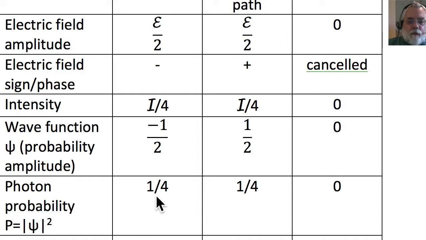Now notice that it would have been wrong to just add the probabilities from the paths. We would have gotten 1/4 plus 1/4 equals 1/2, when the correct result is 0, by adding the wave functions, the probability amplitudes, with their correct sign. So we got 0.